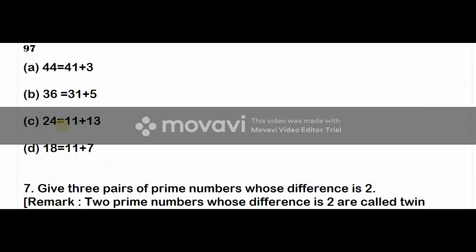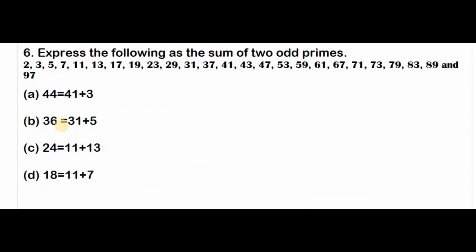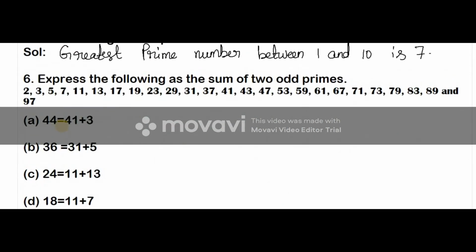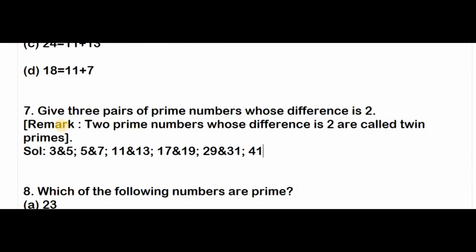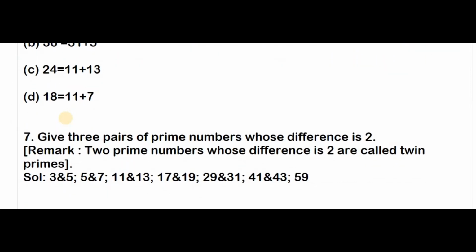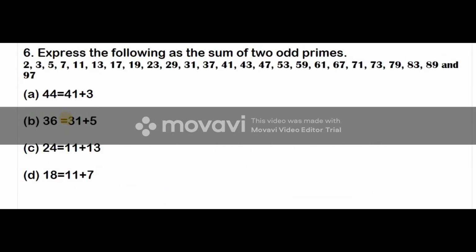And next what we have still, 17 and 19, 29 and 31, and 41 and 43, and next is 59 and 61, next is 71 and 73.